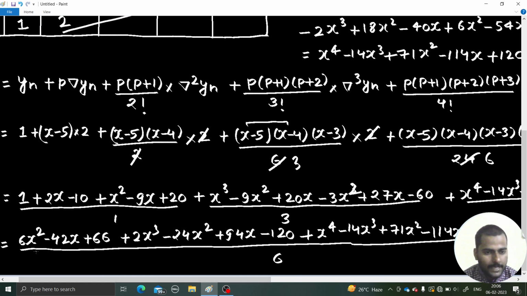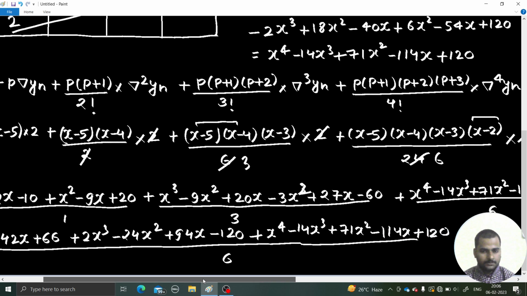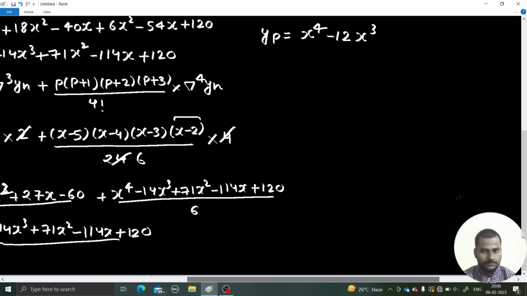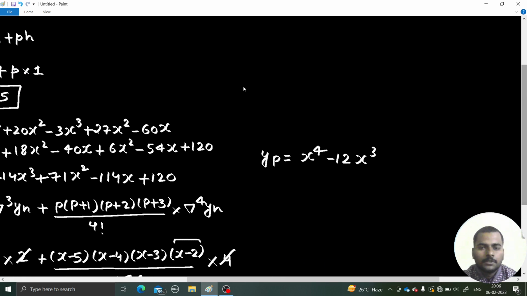Then x square, so 6 minus 24 is minus 18 plus 71, 53.